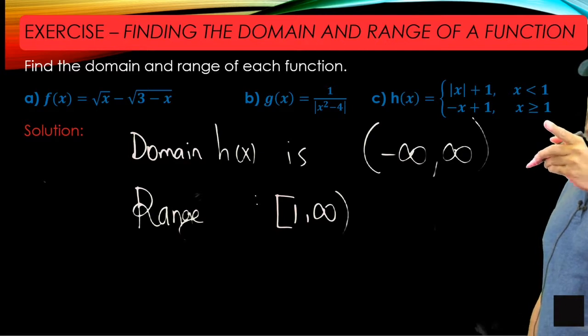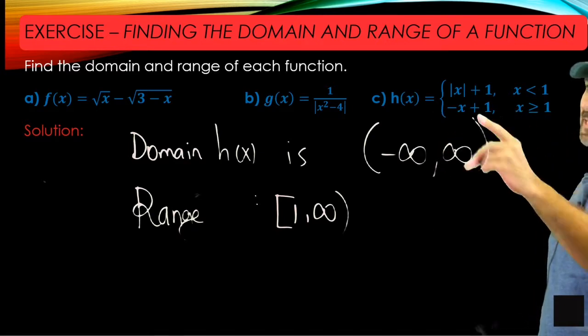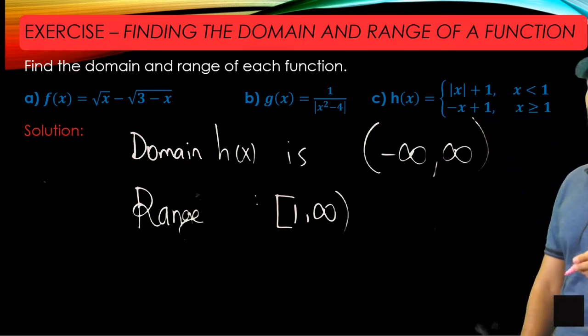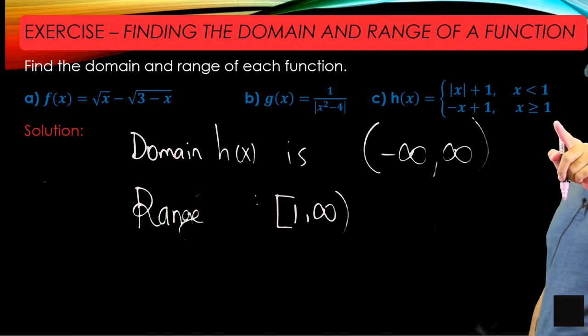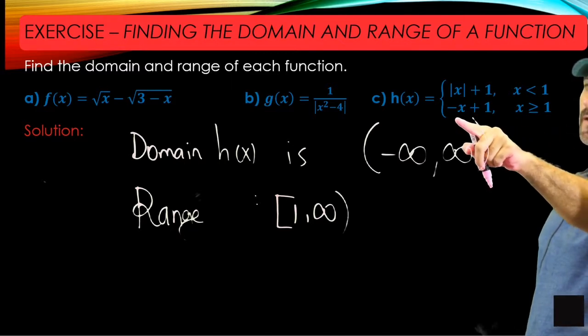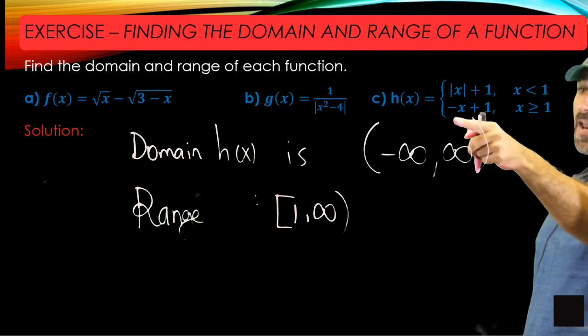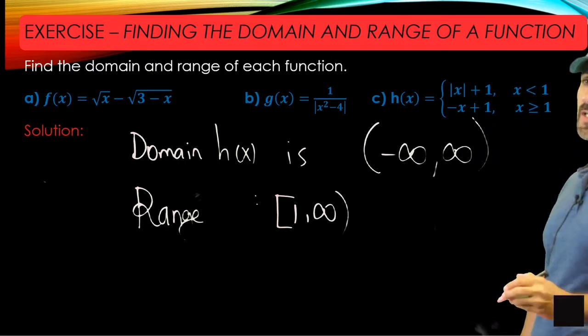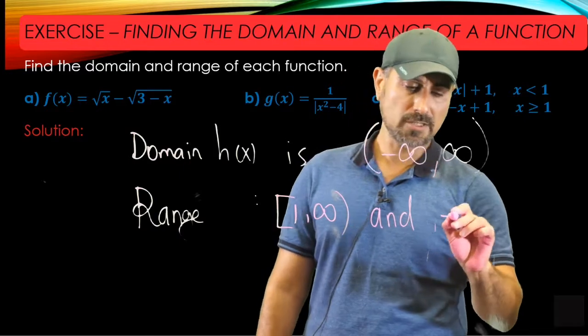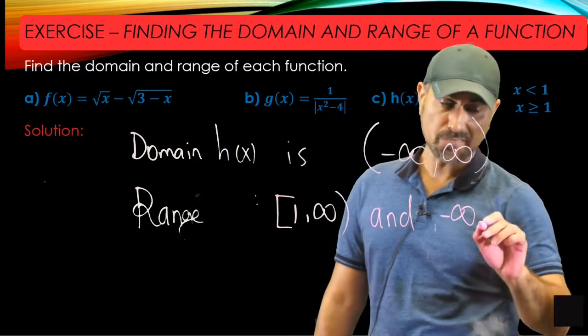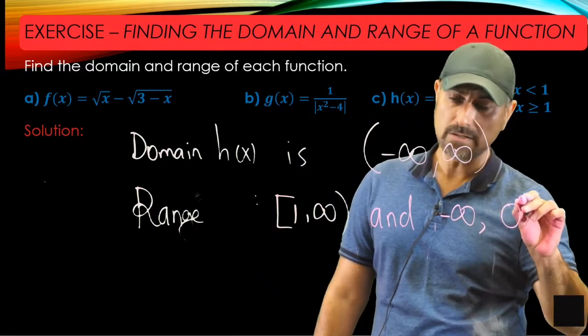When x equals 2, for example, you're getting what? Minus 1. So starting from 0, you go all the way to minus infinity, basically, because when x is bigger and bigger, you get a minus of that bigger number, plus 1, so it's going to be a very small number. I'm going to write here that I can achieve anything and everything in between negative infinity and 0.